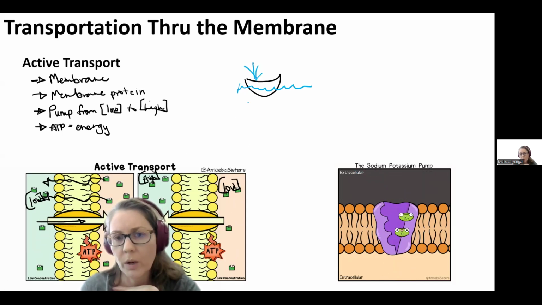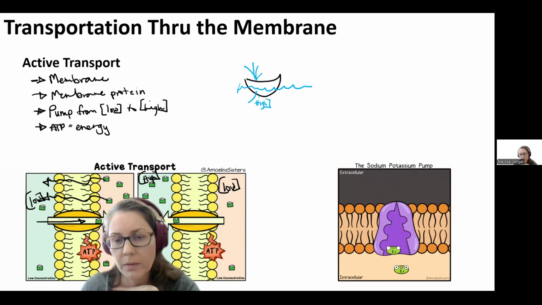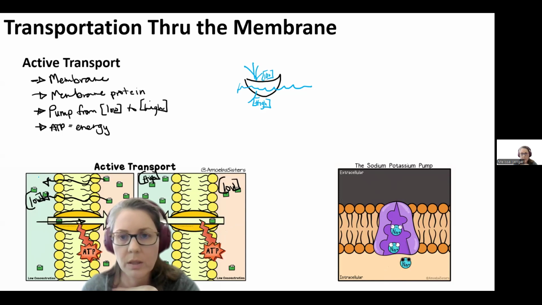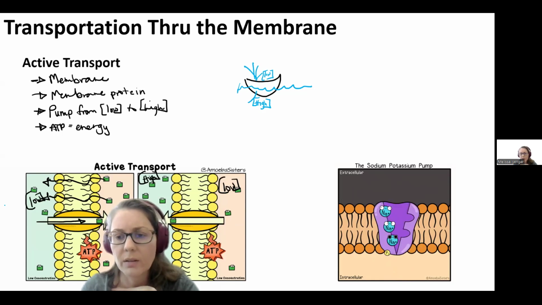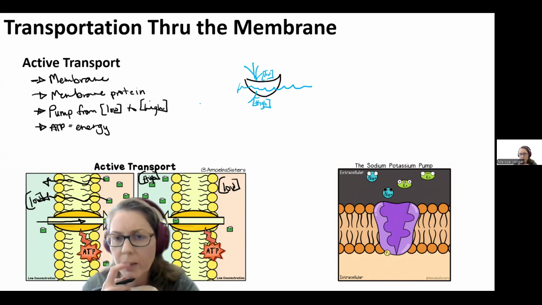That is diffusion, where now the water from the high concentration area goes to the low concentration area. You don't need any energy for that. All these molecules want to get away from each other, so they'll go to the low concentration area.